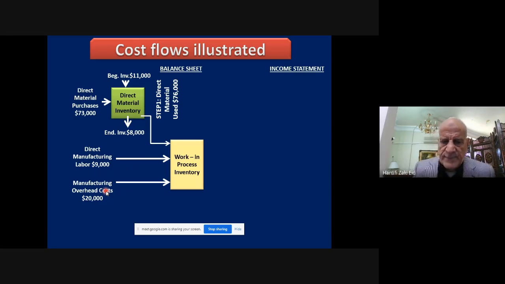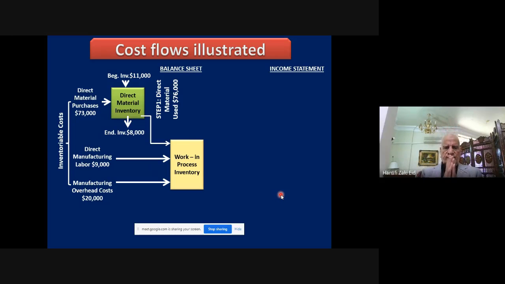The total, as you see now, is called total production costs during the period. As I mentioned in learning objective number 5 many minutes ago, this is called inventoriable costs.